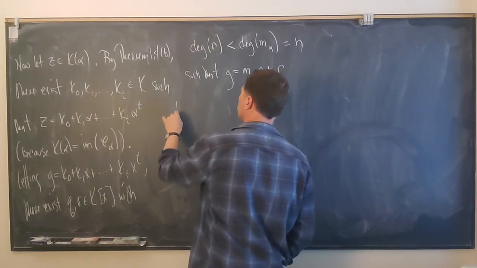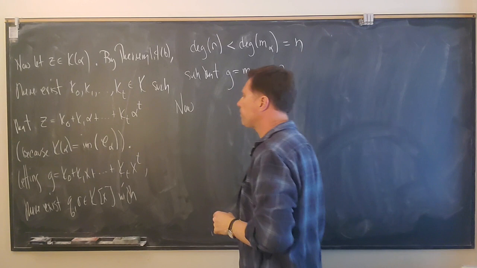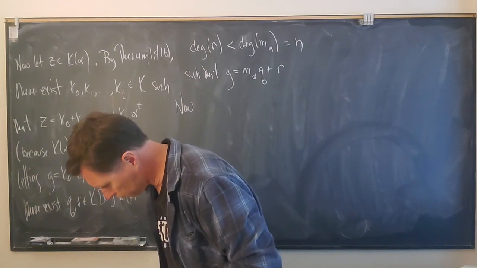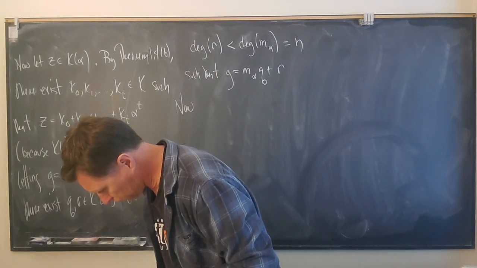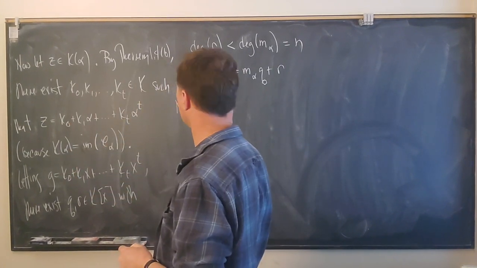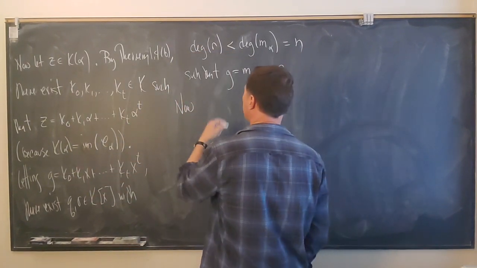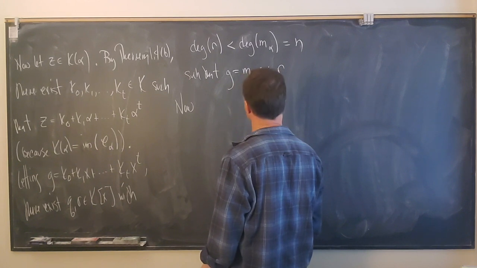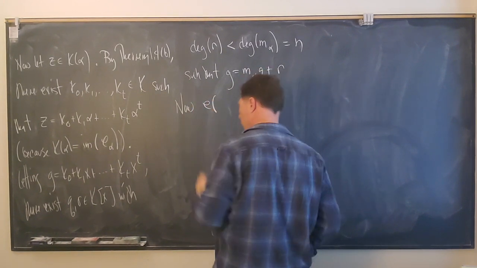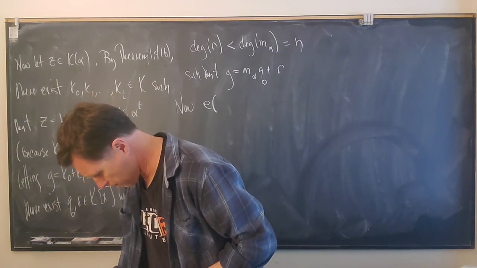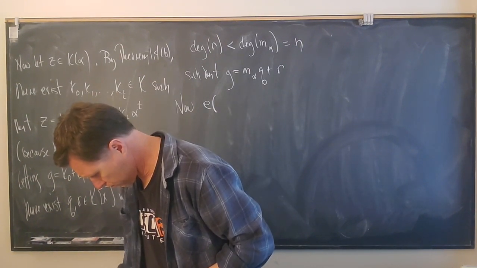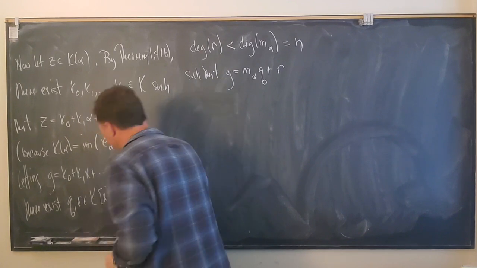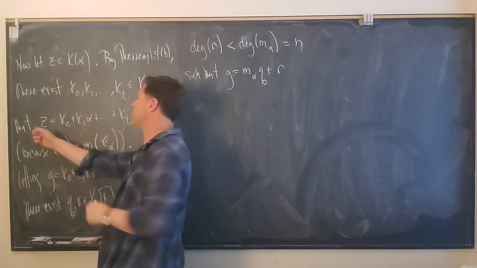So now I'm going to evaluate. Now I'm supposed to plug alpha into this because we know that that's equal to z.